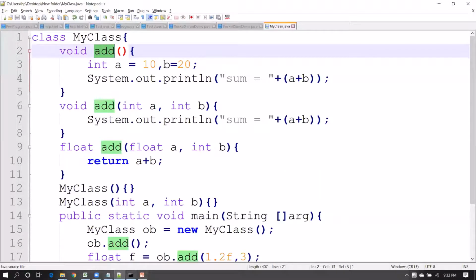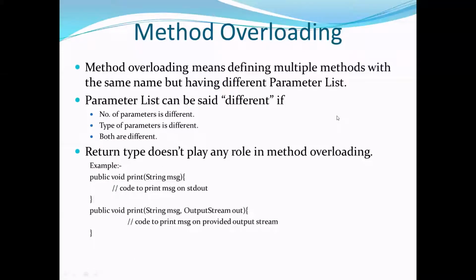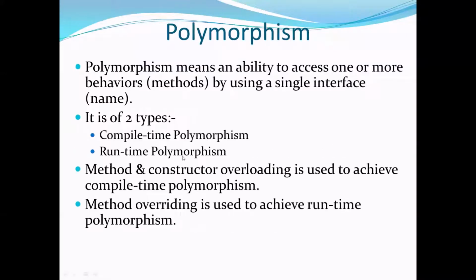And the second type of polymorphism is called runtime polymorphism, and to achieve it, we need to override the method. So for overriding, first of all, we have to understand the concept of inheritance, because if there is no inheritance, you cannot perform method overriding.